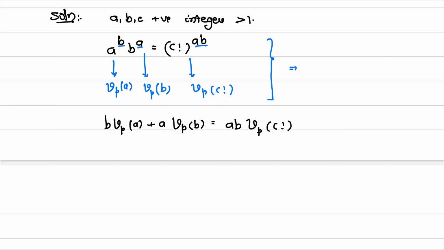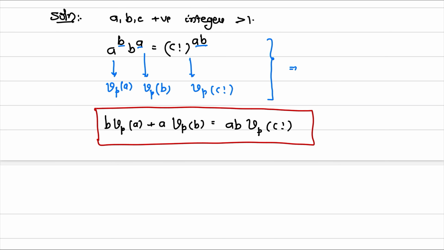To get this equation, I have already shown in my previous lecture, which is live now. Please see that. It is a most important step. We got this.